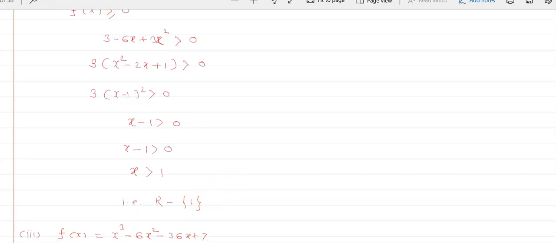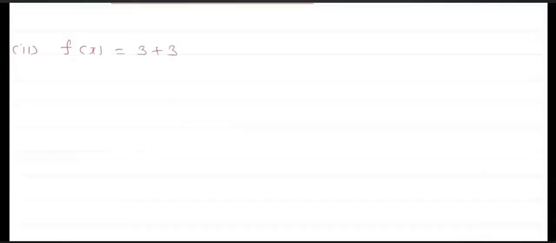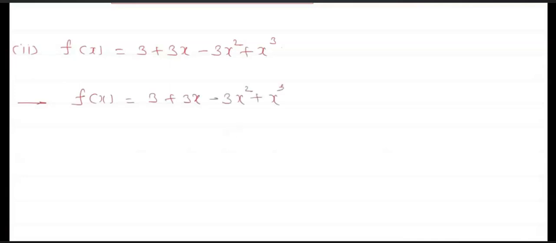Now see this again here. f of x is equal to 3 plus 3x minus 3x square plus x cube.